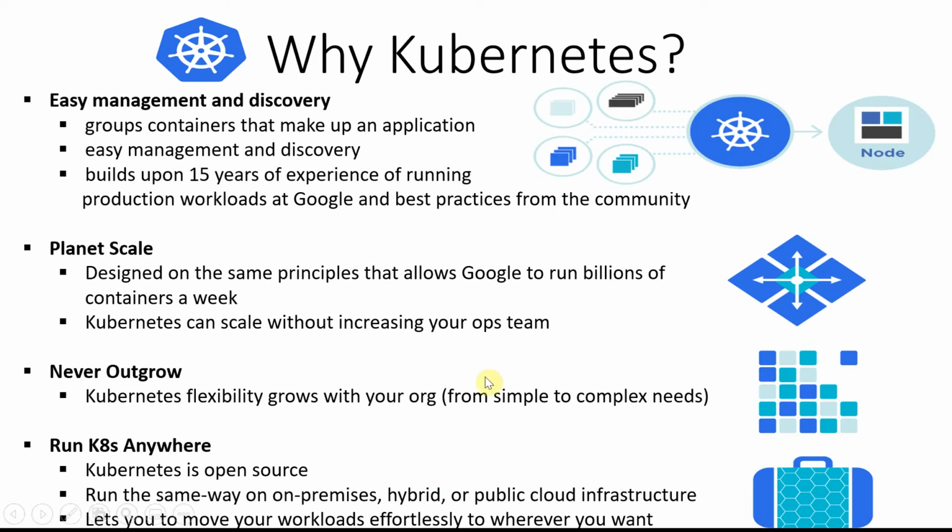Because it is cloud native, that's why it's called cloud native architecture. Cloud native means irrespective of whatever cloud you're using, if you're using Kubernetes, the promise is that your migration path will be simpler.